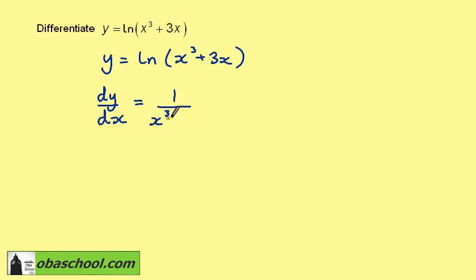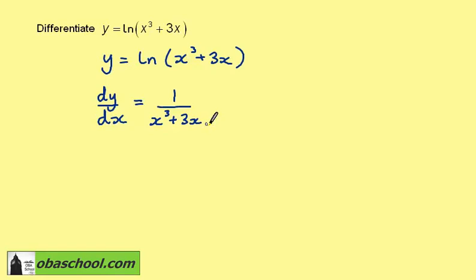So we get 1 over x cubed plus 3x, because if we had log x, the differential is 1 over x.